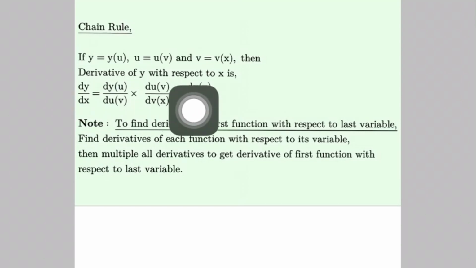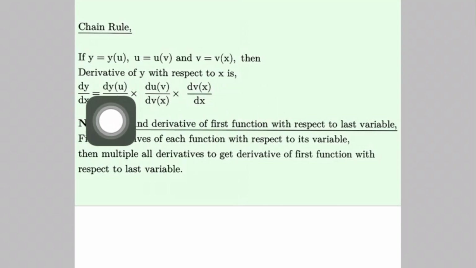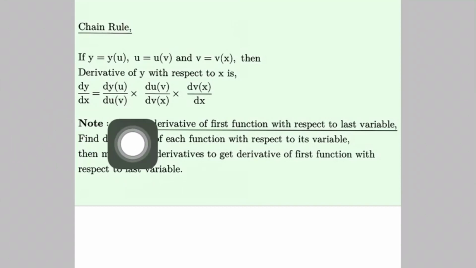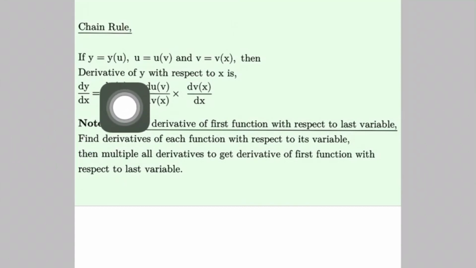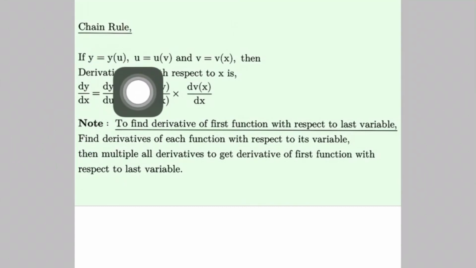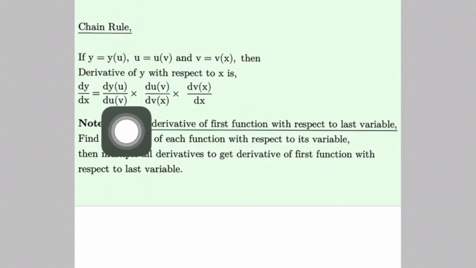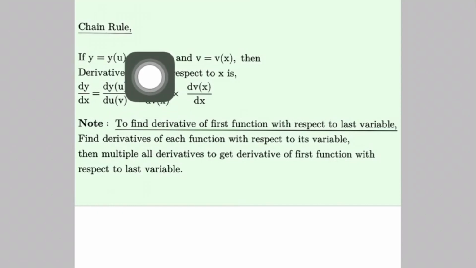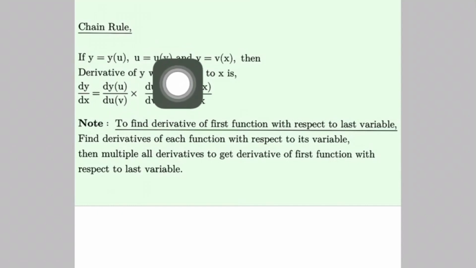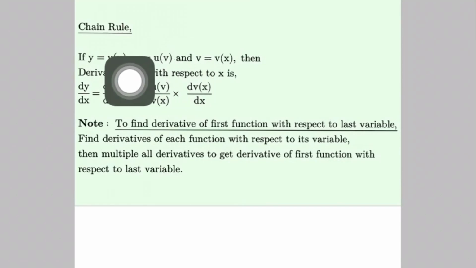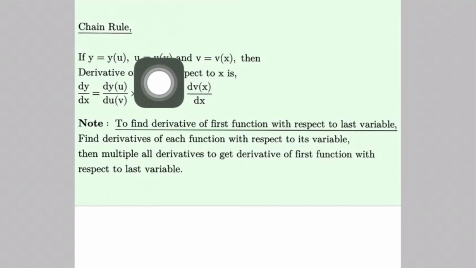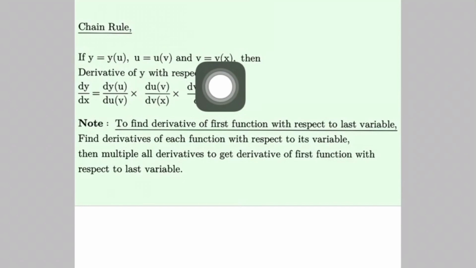The derivative of y with respect to x is dy by dx. What we do here is first find the derivative of y with respect to u, and then we find the derivative of u with respect to v. The variable of y is u, the variable of u is v, and the variable of v is x.